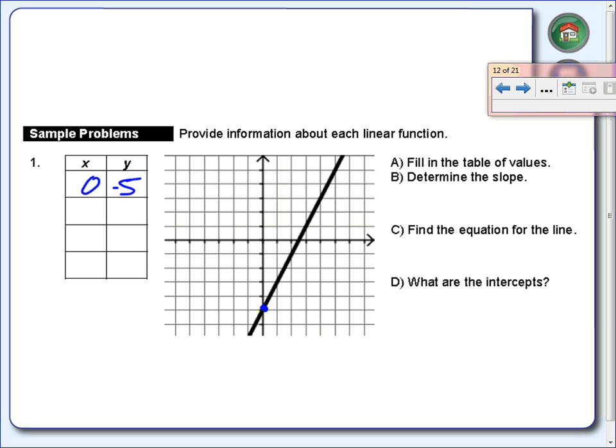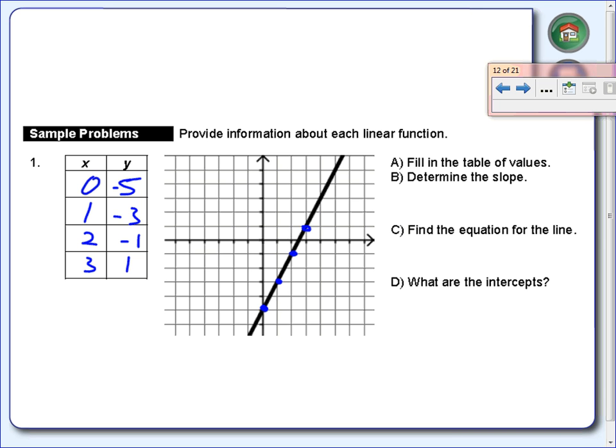Okay. What else? 2, -1. Yes. One more. 3, 1. Now what we've just done is list 4 points. Are those the only 4 points on this line? No, there's a lot of others that we could have listed. We just mentioned these 4.